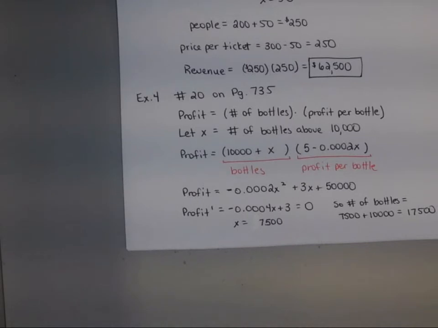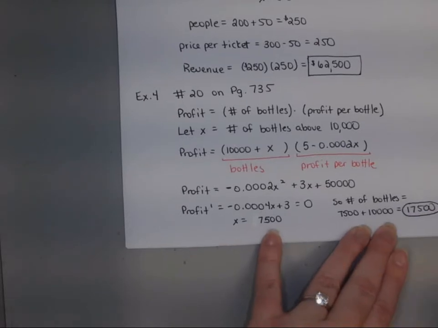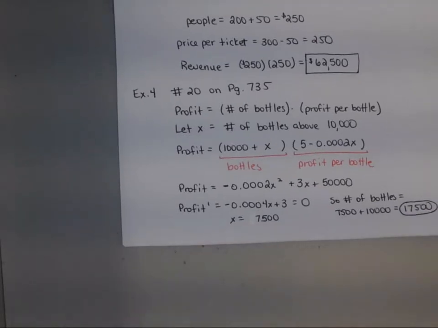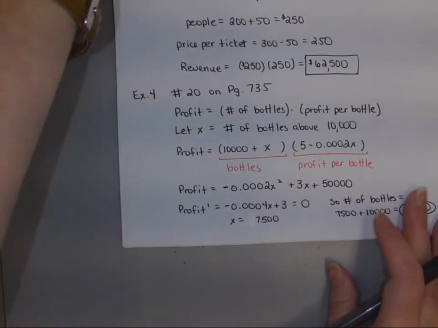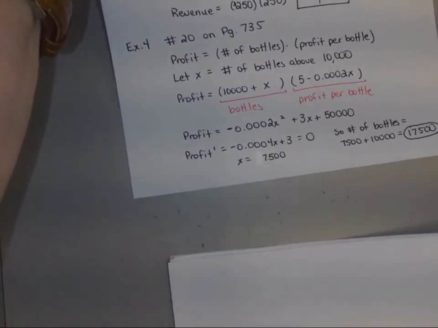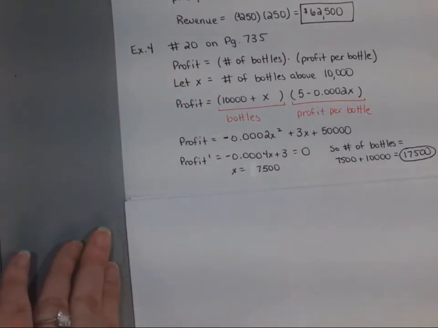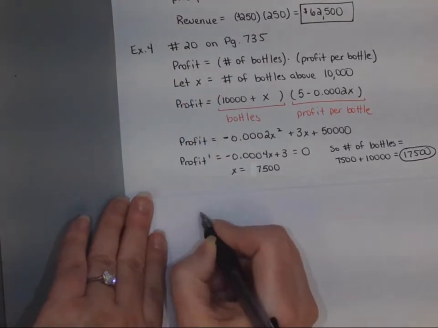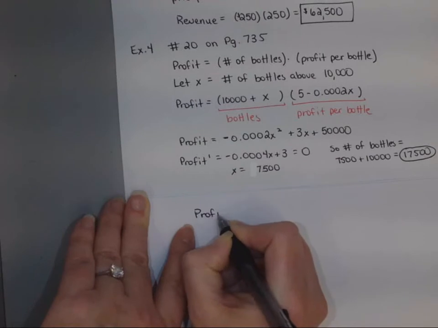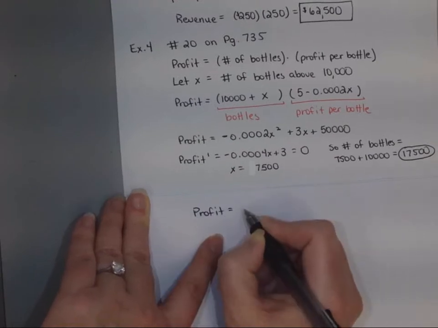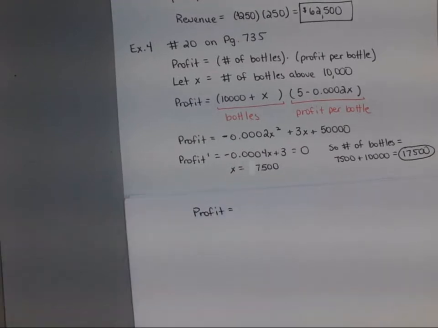Okay, so I think this problem, let me read it, asks for what is the maximum profit? Okay, so I'm going to circle this. So we have 17,500 bottles, right? But in reality, we don't really have to necessarily know that, right? So what do we need to do to find profit? Plug it in, right? So the profit is going to be whatever you get when you plug in 7,500.